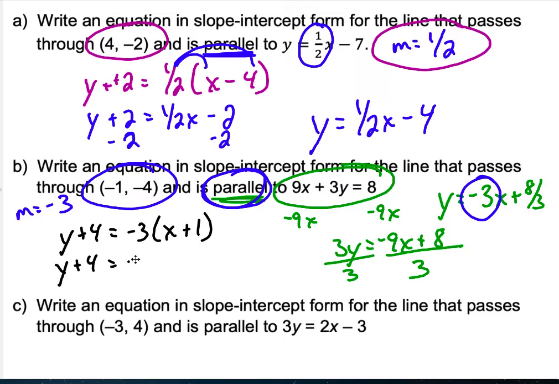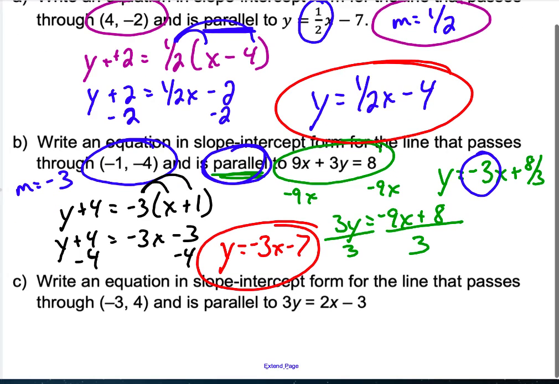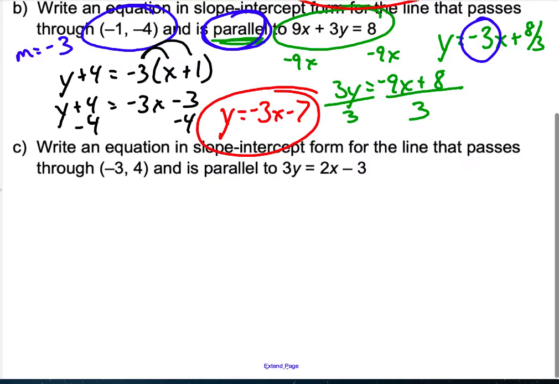Y plus 4 is equal to negative 3x minus 3, which is distributing. And then I'm going to subtract my 4 from both sides to get y by itself. And I get an answer of y is equal to negative 3x minus 7. So I'm taking the original slope, then plugging in my new point to find the equation of that new line.